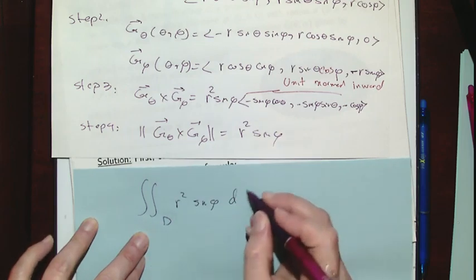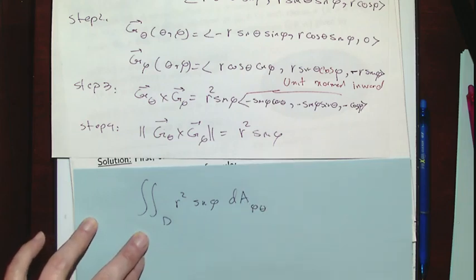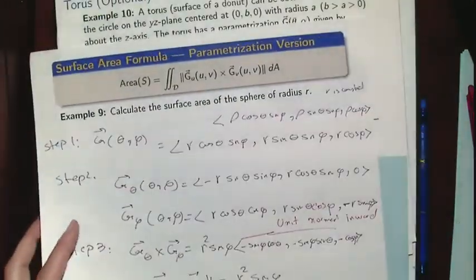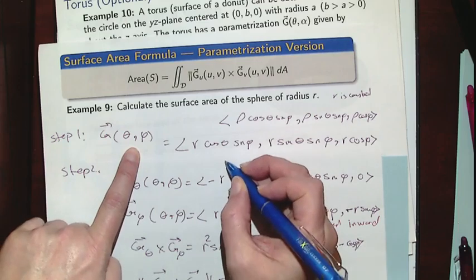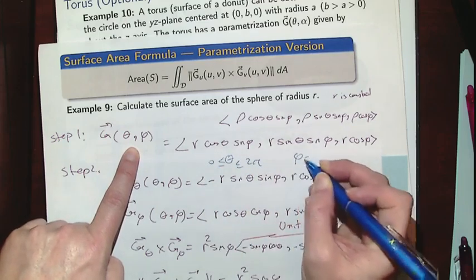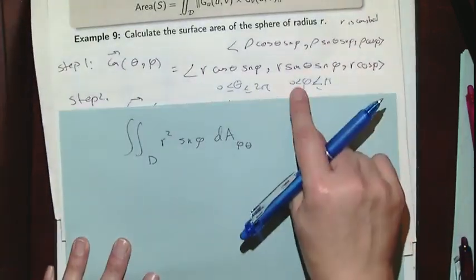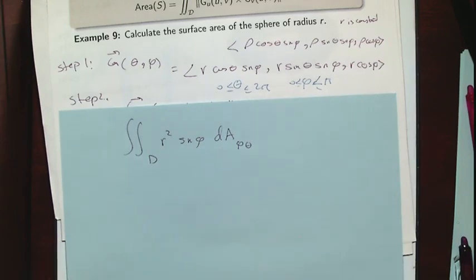And I did something very stupid. What is this stupid thing that I did? When I parameterized, I didn't give you parameter bounds. What are the parameter bounds? What are the parameters? Phi is between 0 and pi. Now, those parameter bounds are going to be the bounds for D. D is the region for parameters.